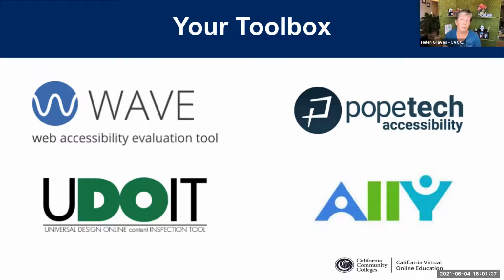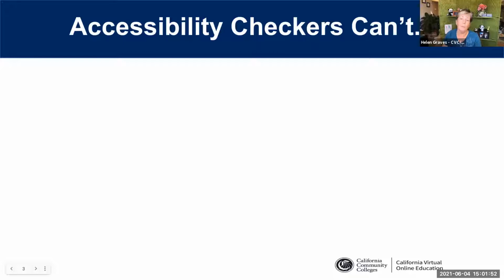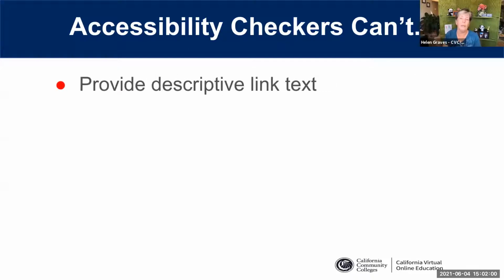Accessibility checkers are basically like robots. They cannot, for example, tell you which text should be formatted as a heading or whether your captions are accurate or not. So you're going to want to refrain from relying on any accessibility checker, so far, maybe someday, but for right now, to generate appropriate descriptive link text.